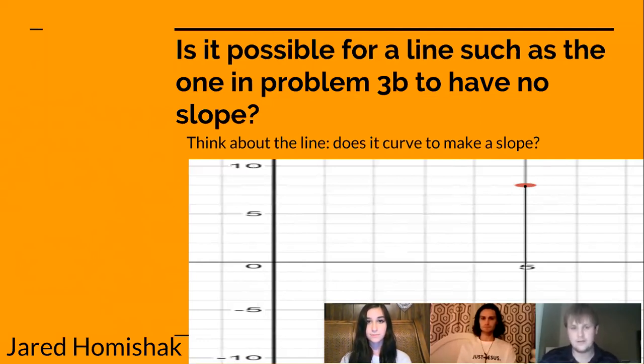Likewise, if they both shared the same y value, such as y equals 5, then it would just be going left to right. In that case, there is no slope because there is no curve to the line. It's just going in a singular direction.